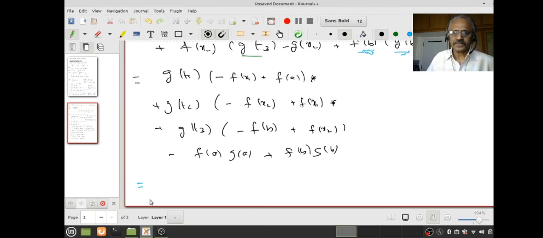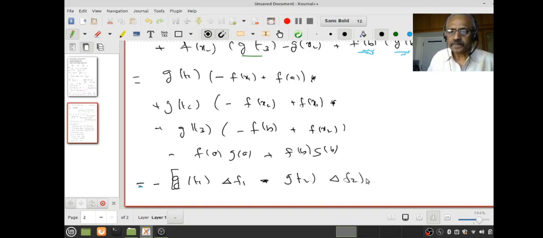Now we are through. Now what is this? This is g of t1 into delta f1 with a minus sign, therefore minus of delta f1. Do you understand this? And this is g of t2 into minus of delta f2.